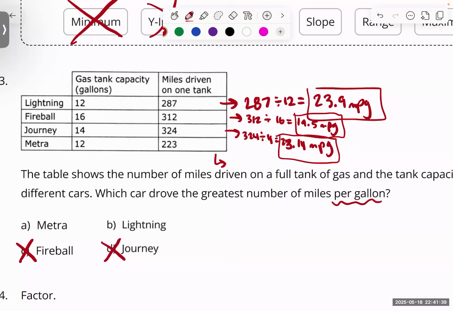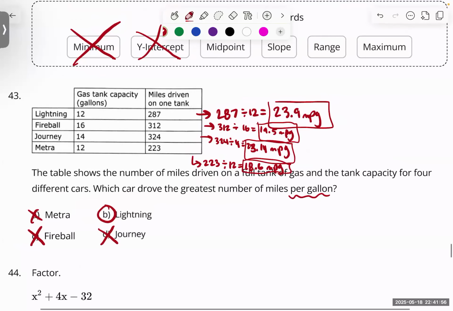Last but not least, Metra, 223 divided by 12 is 18.6 miles per gallon. All right, that's the worst. So it's not Metra. So it's Lightning. Lightning has the best miles per gallon because you can go a lot more miles on a gallon.